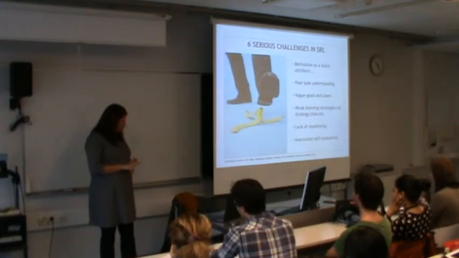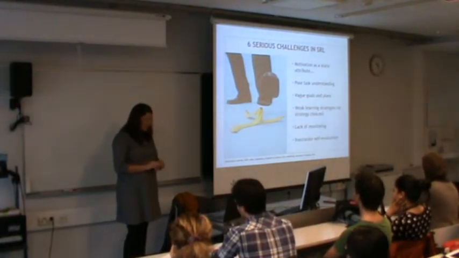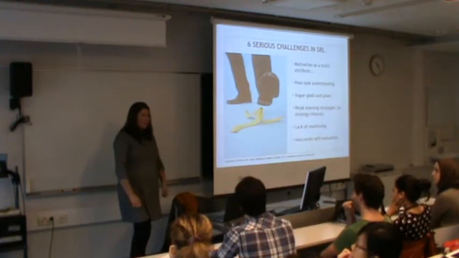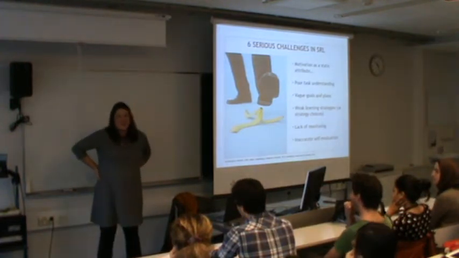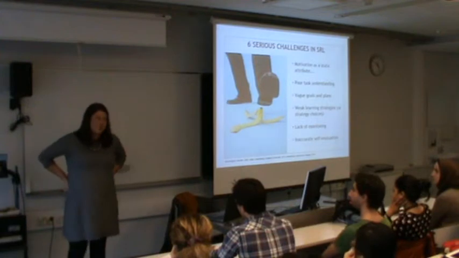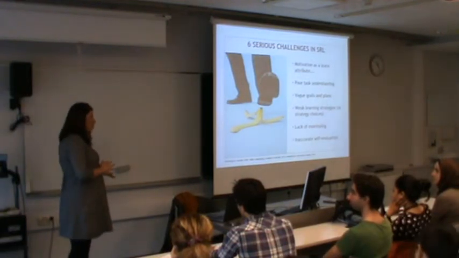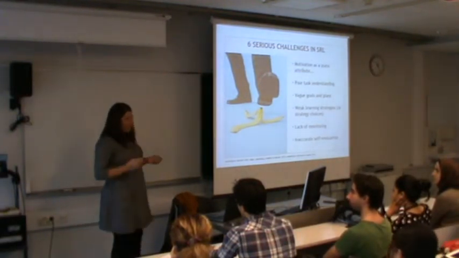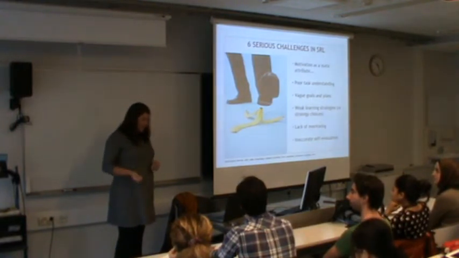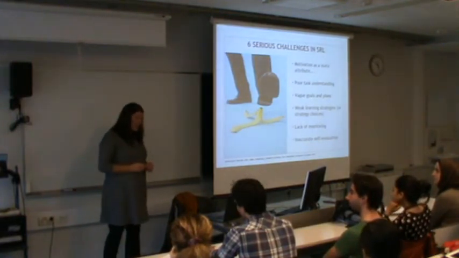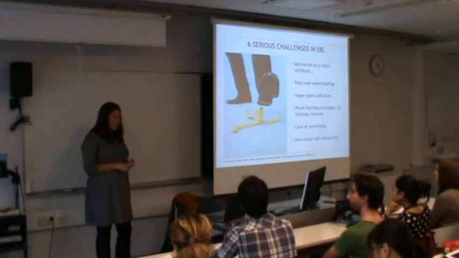And well, if learners do not realize what, for example, the purposes of different courses are, it's quite difficult then to focus on the relevant issues, which leads to vague goals and plans.